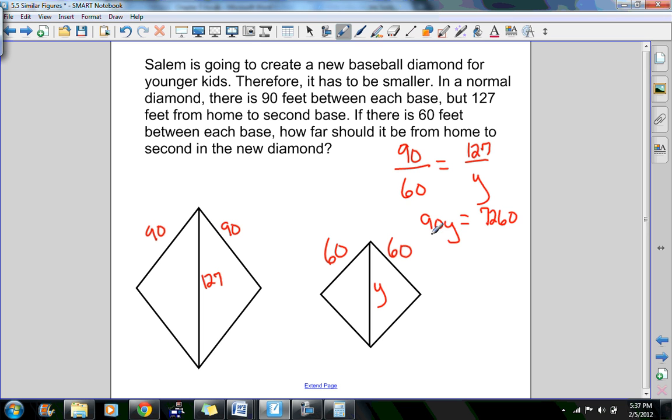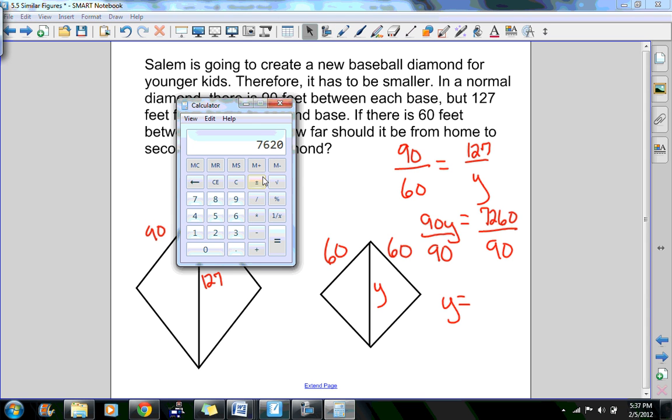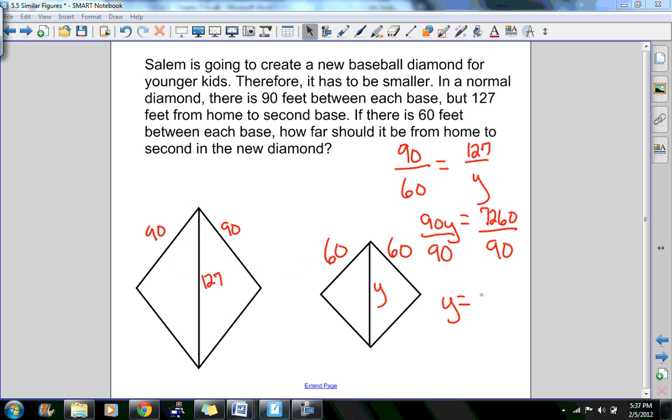And then to solve for Y, I just have to divide by 90. So I get Y is equal to 7,620 divided by 90, which is about 85 feet. So there I go. My Y is 85 right there, and that seems like a very realistic answer to me.